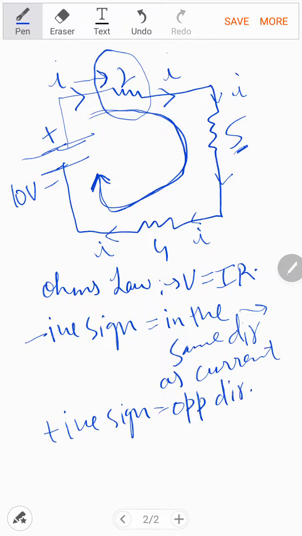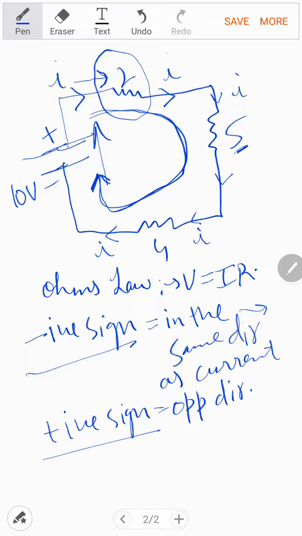Okay, so these two rules apply only for resistors, where we have the voltage drop. Now in the battery, if we are moving from the negative terminal to the positive terminal, we will take the sign as positive, and if we are moving from the positive to the negative terminal, we will take the sign as negative.